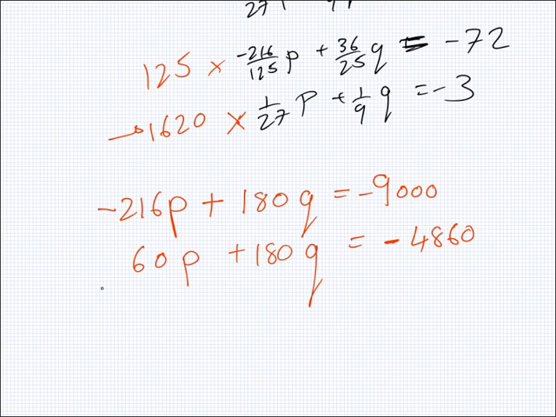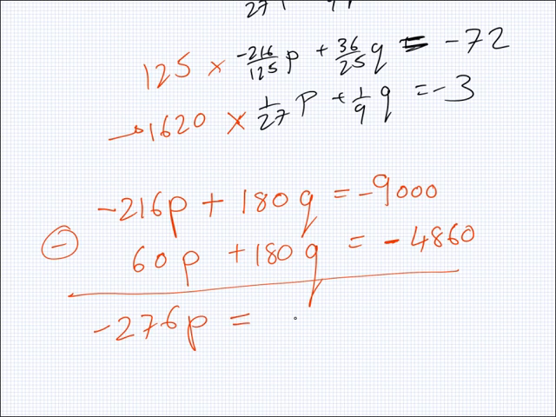And now what do I do? Minus them. So that would be minus 276p equals minus 4140.